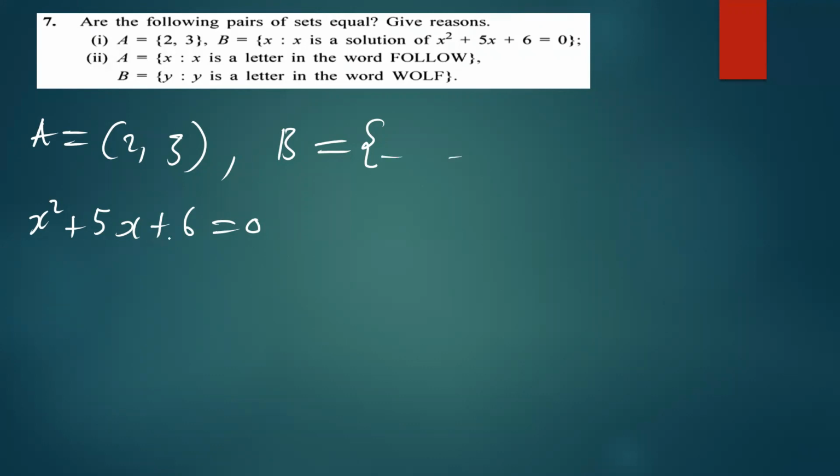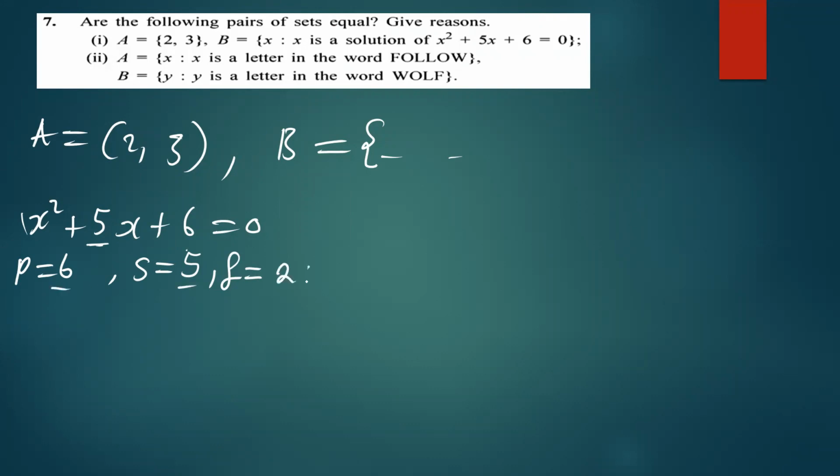So when solving this, we first find the product. The product is 1 times 6, which is 6. Then the sum is equal to 5. So that's the sum. So we find the factors. The factors are simply two values that when we add them, we get 5, and when we multiply them, we get 6.